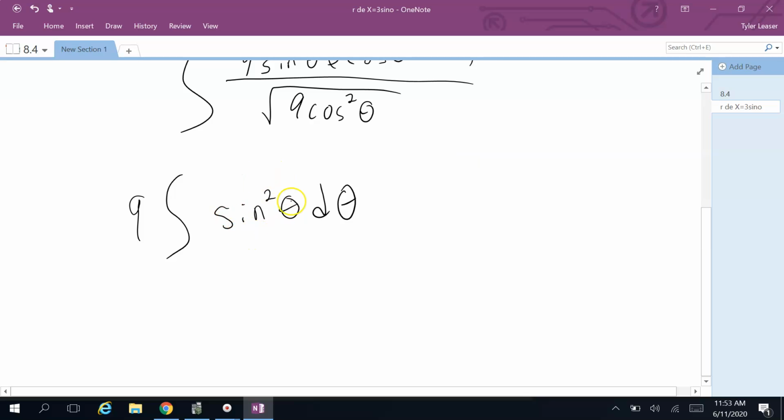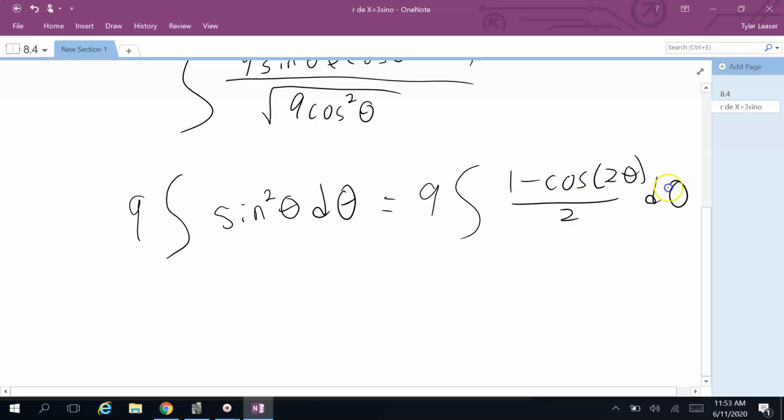Remember, when you have even or odd exponents on sines and cosines, we have some techniques and some cases of solving that. Whenever you have an even exponent, that's when you want to do that substitution of either 1 plus or 1 minus cosine 2 theta all over 2. For sine squared, it is the minus. Leaving the 9 out in front, this is going to change into 1 minus cosine 2 theta, all divided by 2 d theta.